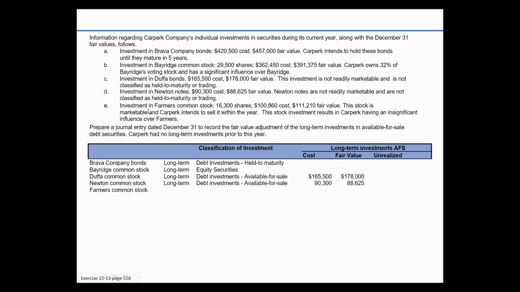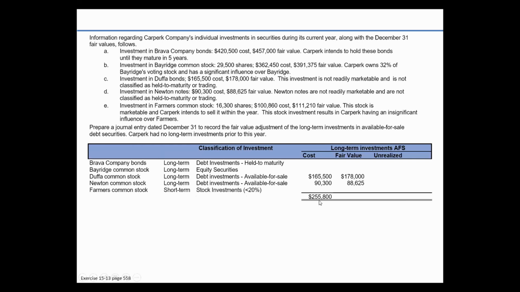And then they have an investment in Farmers common stock. This stock is marketable. CarPerks intends to sell it within a year. This stock investment results in CarPerks having no significant influence over Farmers. And because they're going to sell it within a year, it is a short-term investment, and it is a stock investment of less than 20% of the company.